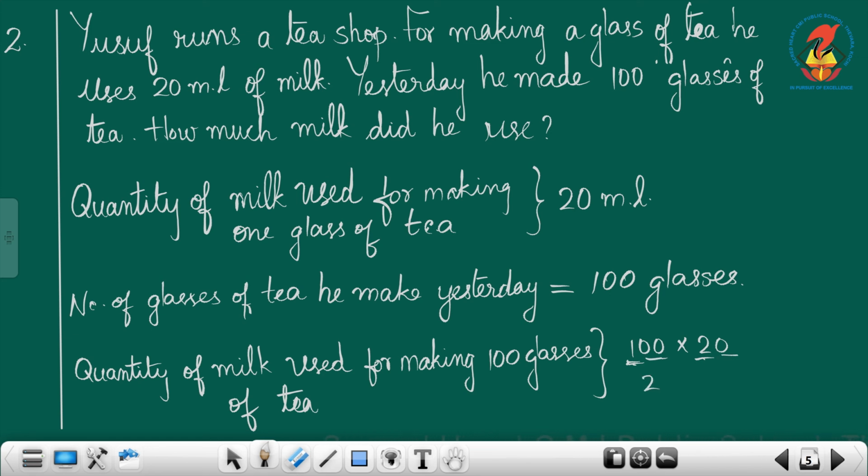Then however many 0s are left, we put them after that. Okay. So how much milk is used for making 100 glasses of tea? It's 2000 milliliter. So how can we express it in liter? 2000 milliliter means 2 liter. Okay, 2 liter of milk he used for making 100 glasses of tea.